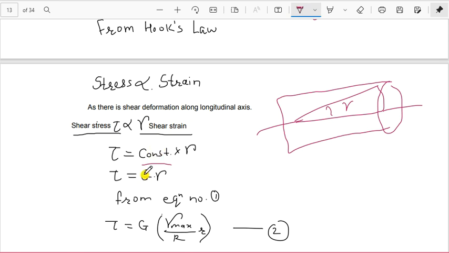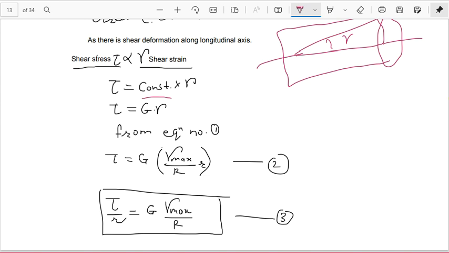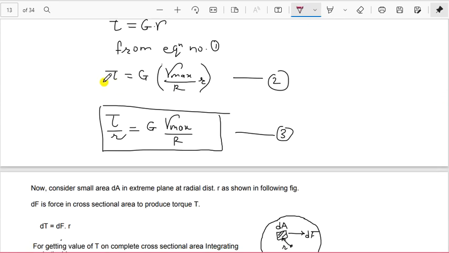The proportionality constant we will take as G. Then tau equal to G into gamma. From equation 1 and 2, what was equation 1? Gamma is equal to gamma max by capital R into small r. We will put the value of gamma like this. Then we can say that tau by small r is equal to capital G into gamma max divided by capital R.